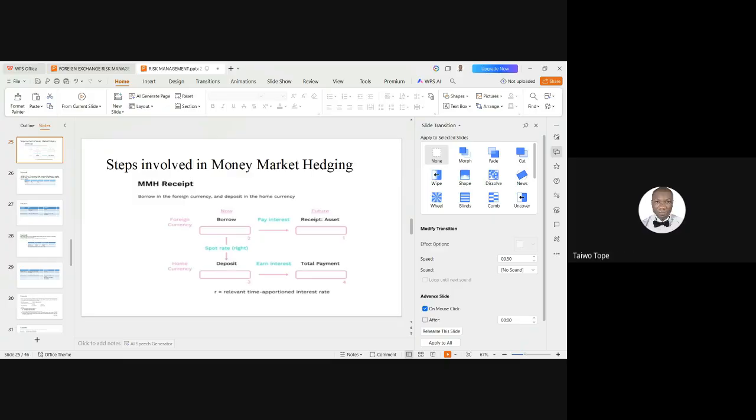So if you look at this value here, this foreign currency, when you convert at the spot rate, you use the right amount, that is the higher value. Because some questions will not put it the way I'm saying it. Some questions will put it in form of spread. They will just give you a value and put plus or minus 0.004.